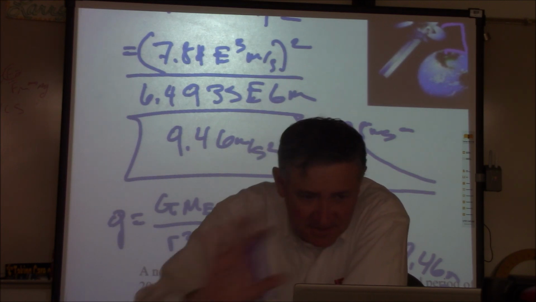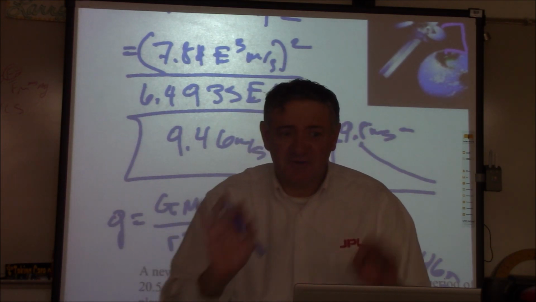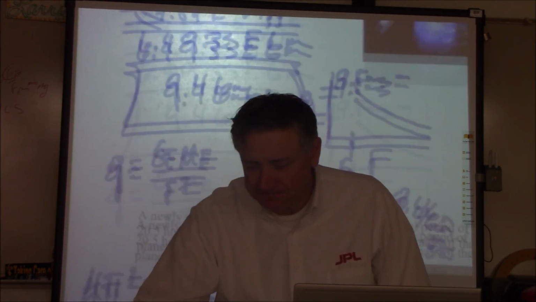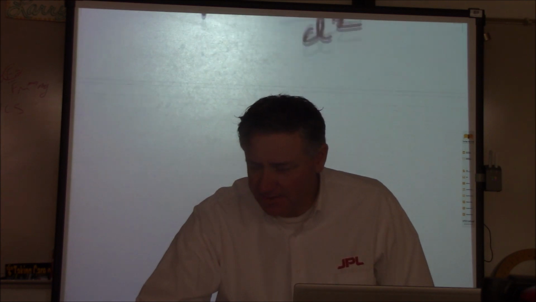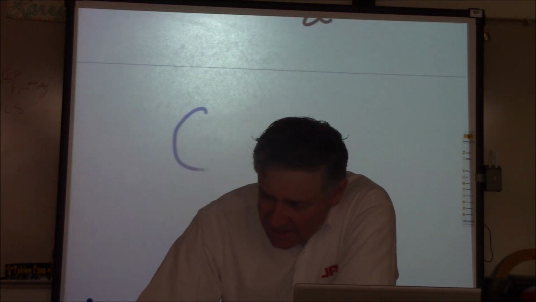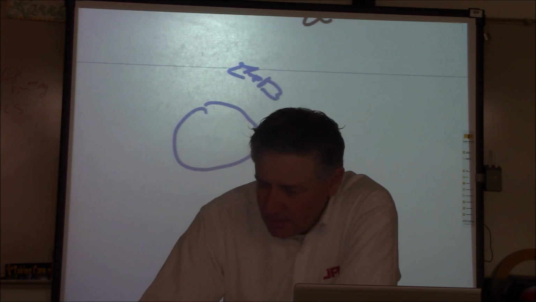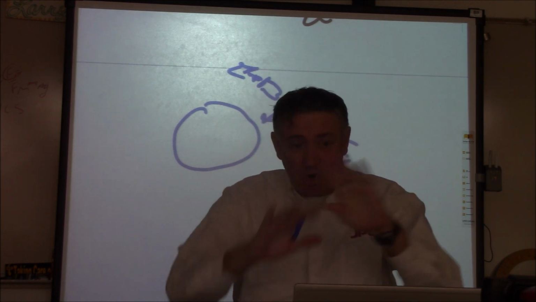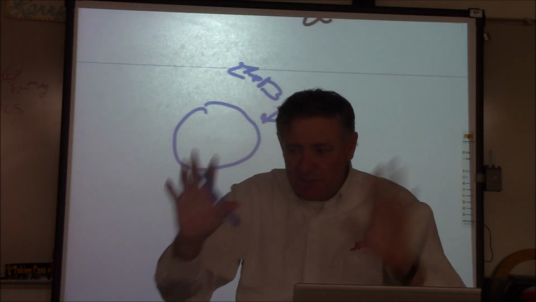So here's the idea, and this is the most important thing conceptually that you have to understand. When this satellite is in orbit, you have gravity pulling down, and that's equal to your centripetal force. So there's a whole bunch of things that you can set equal.